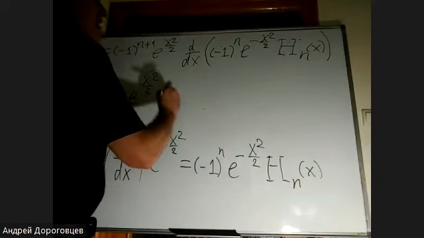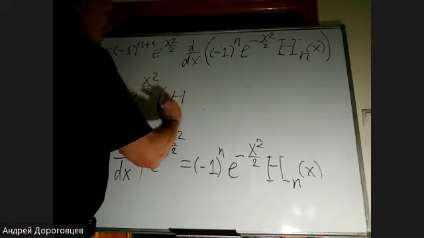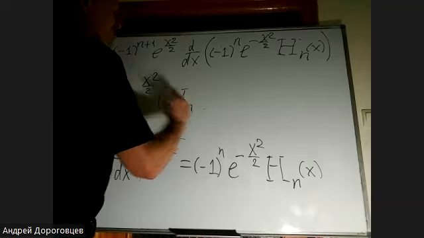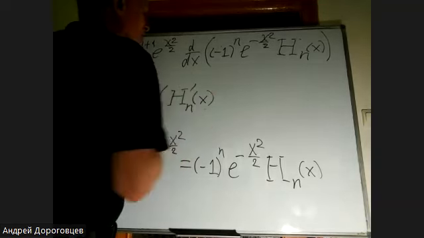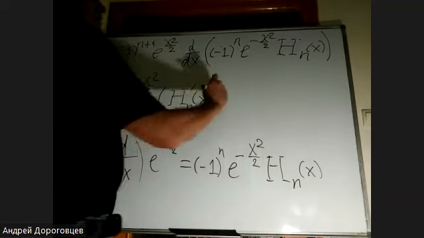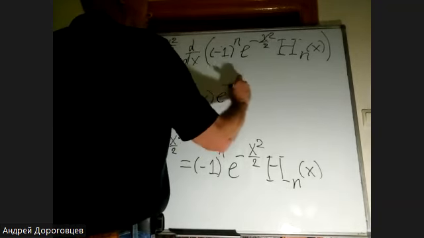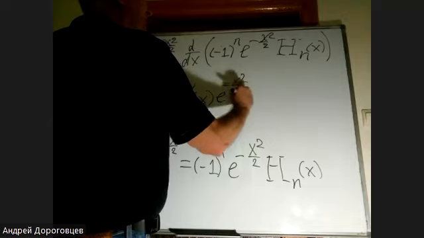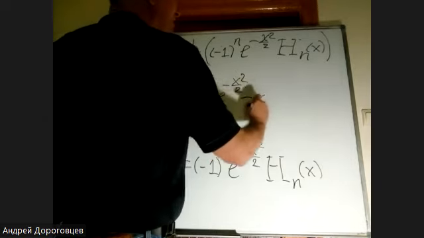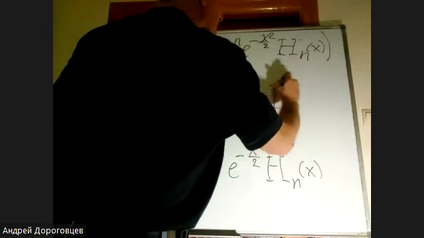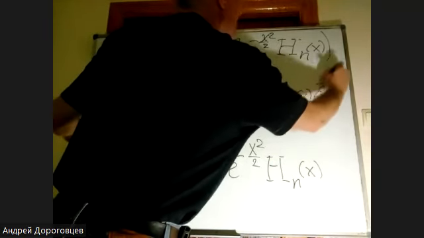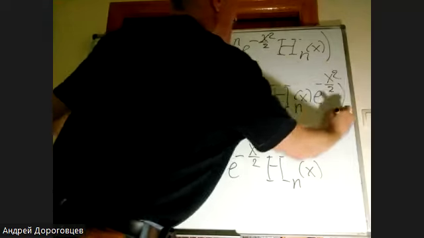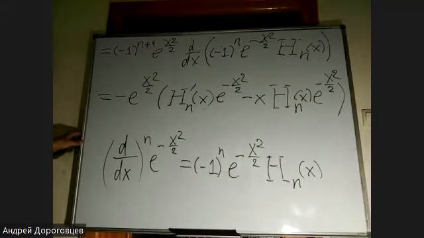So we have here H_n'(x) multiplied by this one, minus x H_n(x), multiplied by e^{-x²/2}.